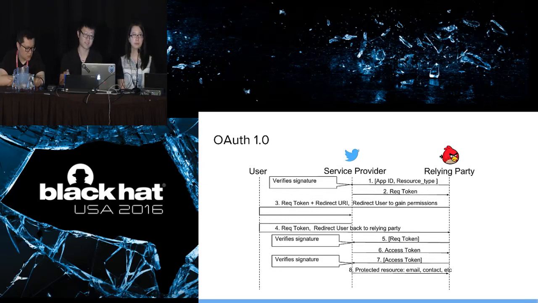Then the relying party sends the signed version of the request token to the service provider. The service provider returns an access token, with which the relying party is able to access the protected resources. When the relying party accesses the resources, it needs to send the access token as well.